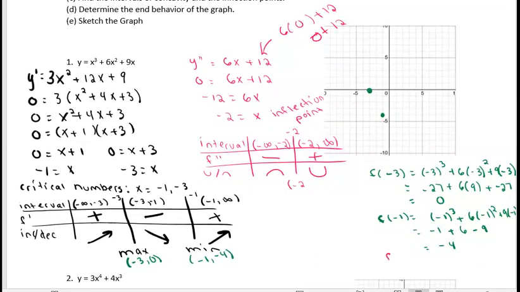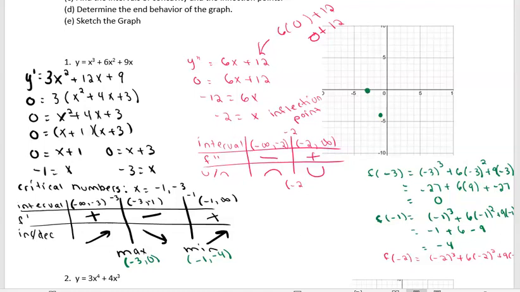So we need f of negative 2, and that will look like negative 2 to the third plus 6 times negative 2 squared plus 9 times negative 2. Squeeze it in there. I'll scoot it all over. Try again.